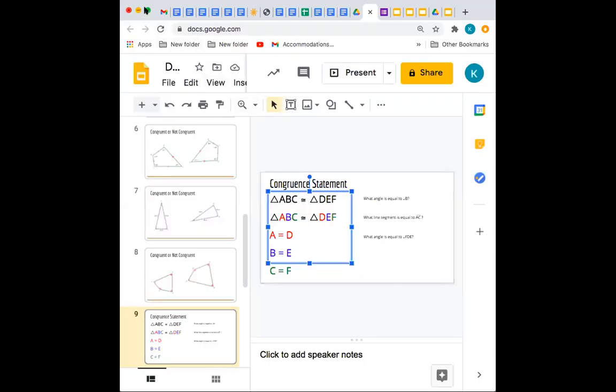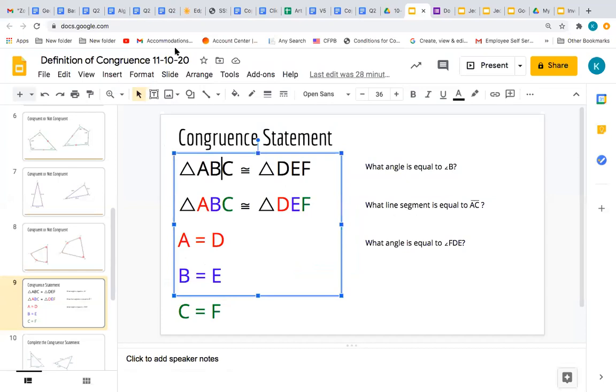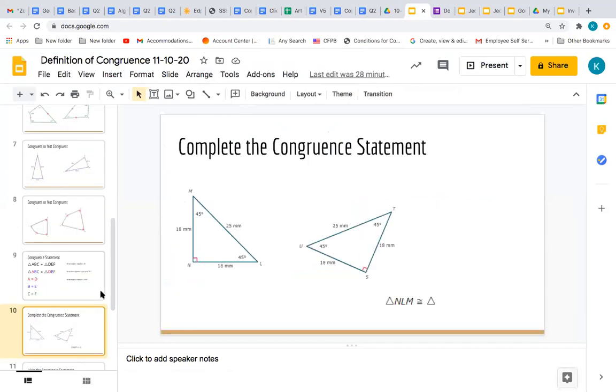So now you know how to figure out and align the angles and answer questions like the corresponding angle for an angle. Like, angle B is congruent to angle E, like we answered before. Complete the congruent statement. So how do we complete it?